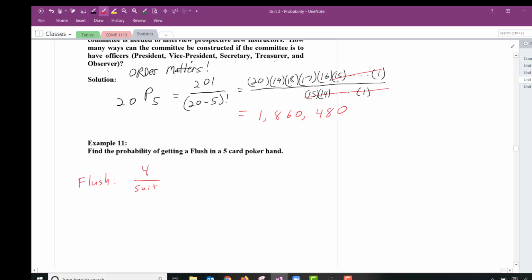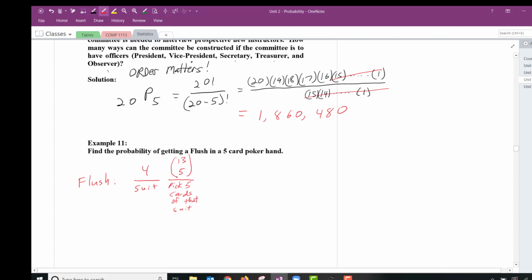Then I need to get 5 cards of that suit, and once I've done that, I've found my flush. Once I've picked a suit, there are 13 cards in that suit, so I have 13 cards and I want to pick 5 of them.